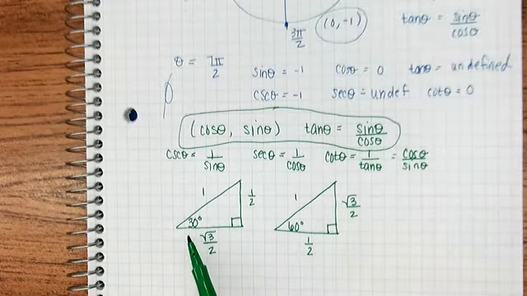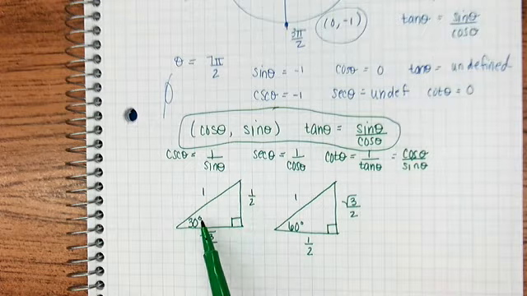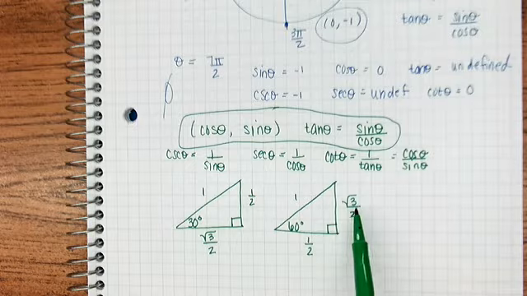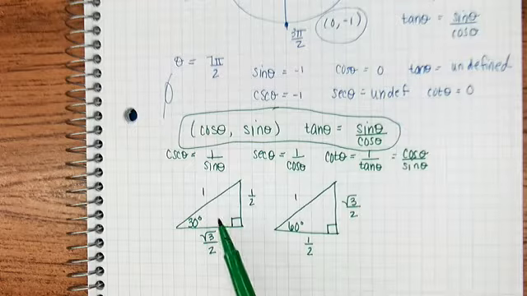So notice sine is opposite. That's 1/2. For 60, sine is √3 over 2. And so the sine of 30 is the cosine of 60.